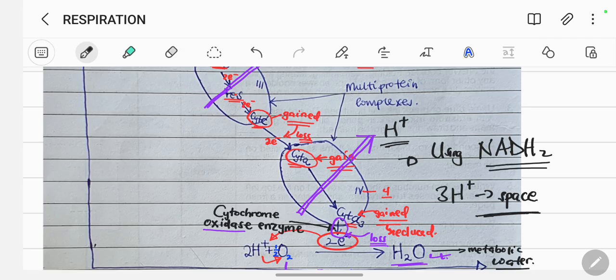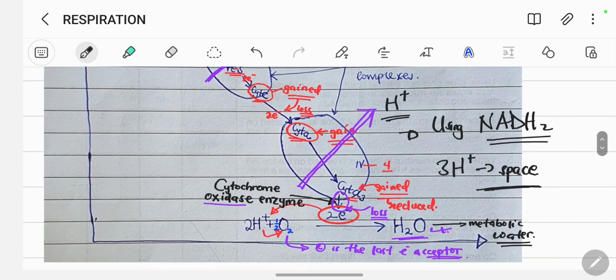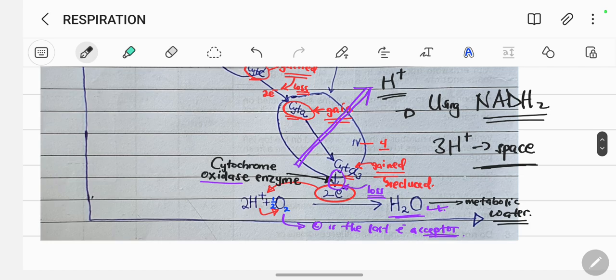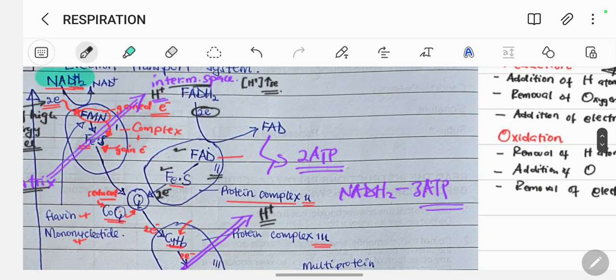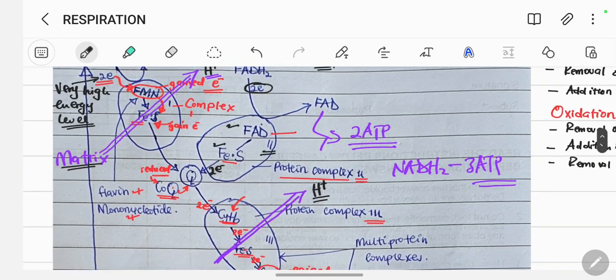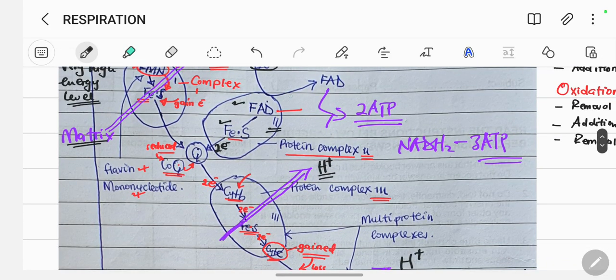As we pump 3 hydrogen atoms into the membrane space, every hydrogen atom is going to give us 1 ATP. So the total will be 3 ATP molecules.